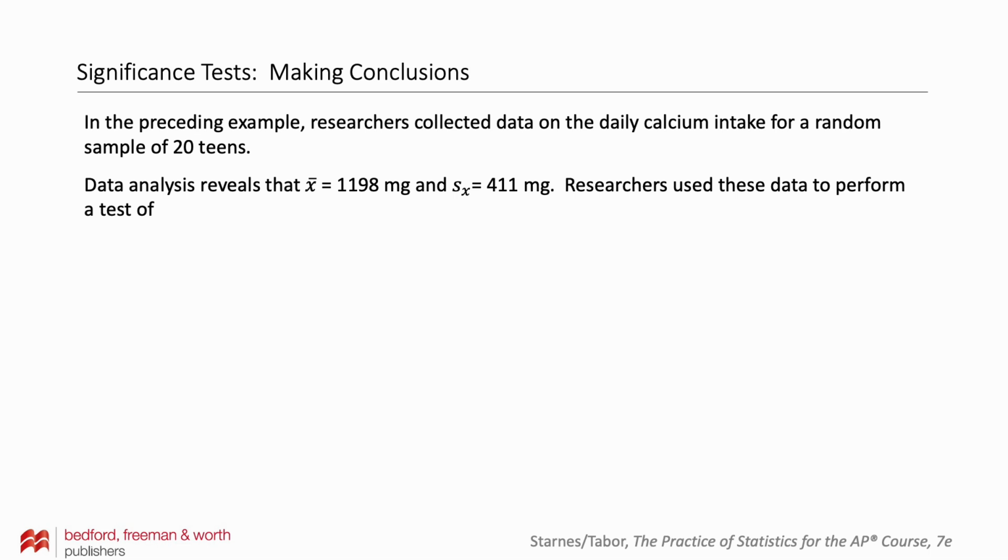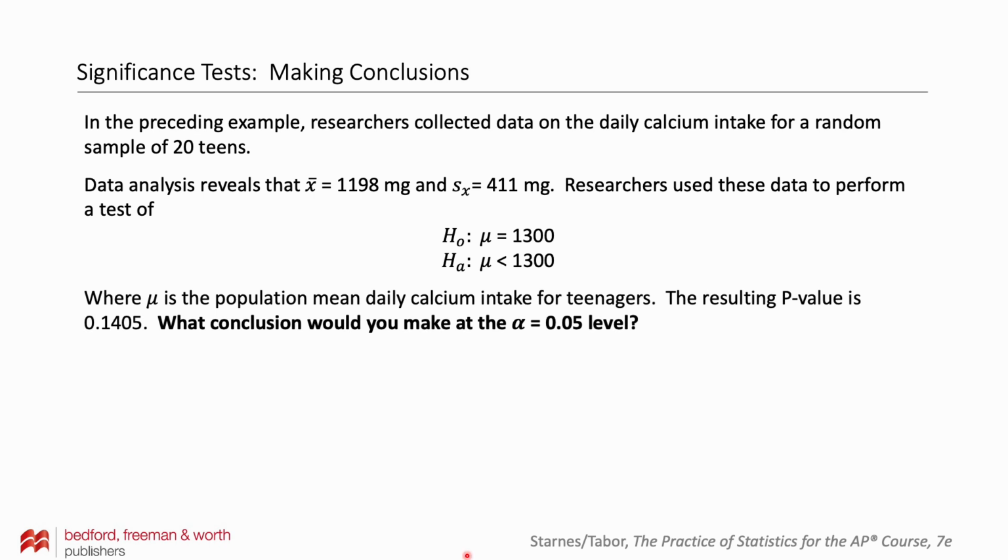So let's look at this problem. Going back to our calcium intake problem, what conclusion can we make with an alpha level equaling 0.05? Remember that they told us our p-value here was 0.1405, and our alpha level is 0.05.